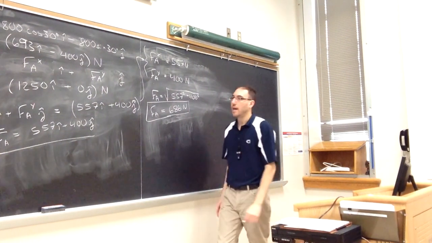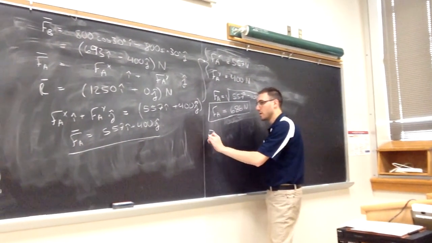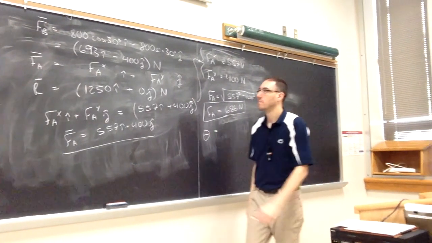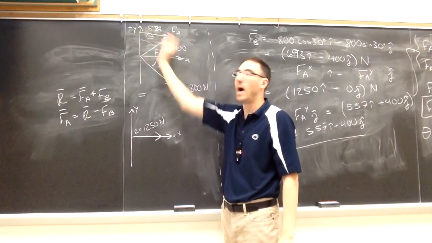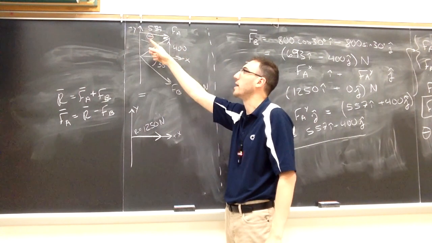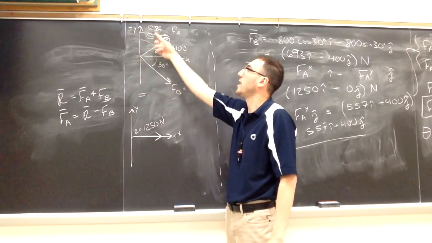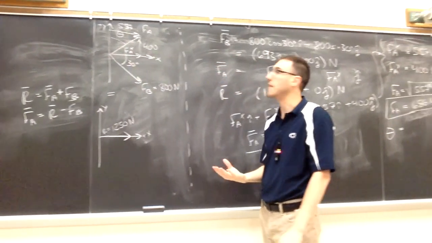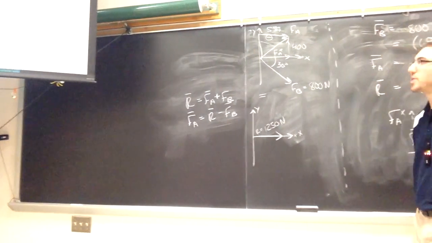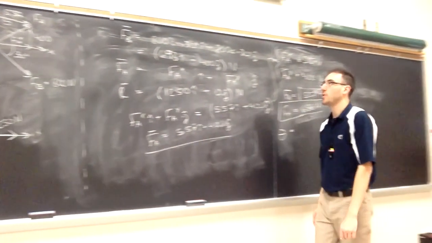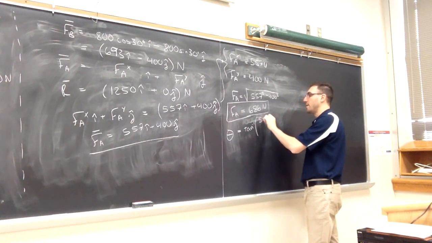So I have the magnitude, and then finally, I want to know, as they drew it there, what that angle theta was. So looking at this diagram, theta is being measured from the positive y-axis, so I want to make sure I'm finding theta, even though oftentimes we find it from the positive x-axis. But here, to find that theta, if I want to use tangent, I need the opposite over the adjacent. In this case, the opposite with respect to the theta is that 557.